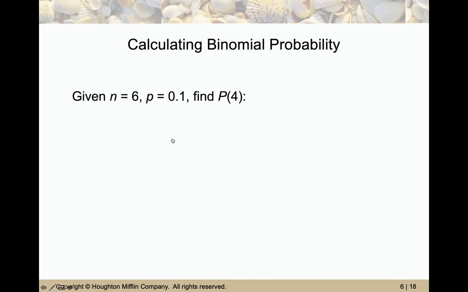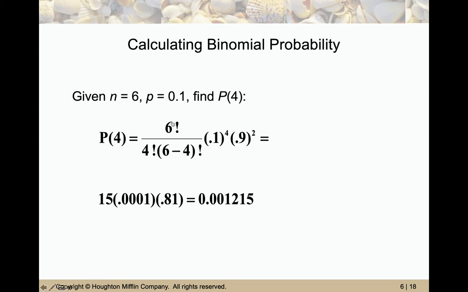All right, so just as an aside, we're not back at the target problem right now, but just given N equals 6, P equals 0.1, we want to find the probability of 4. So that means the probability of having 4 successes out of 6 trials when the probability of success is 0.1.